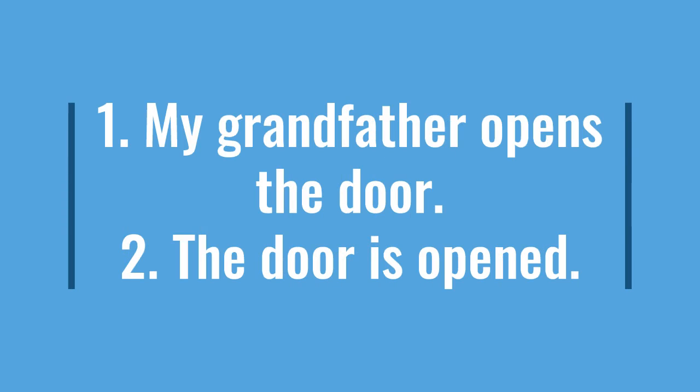Now I want you to look at these two examples and try to study them carefully. My grandfather opens the door. The door is opened. So what are the differences between these two sentences? The second one has "is", and the verb becomes "opened". So what happened exactly?